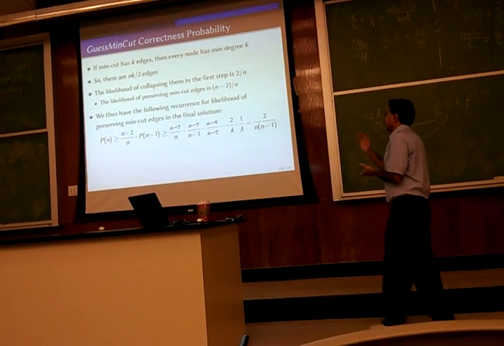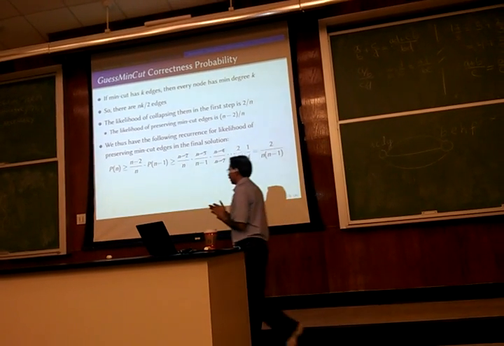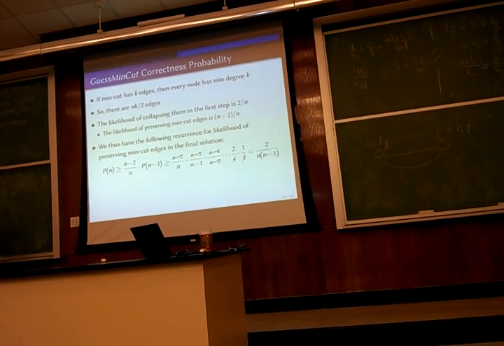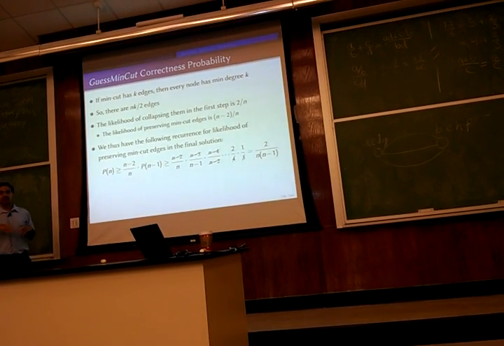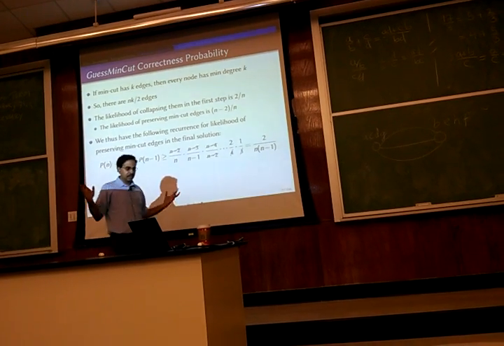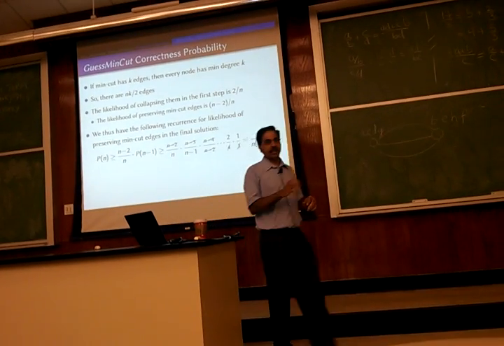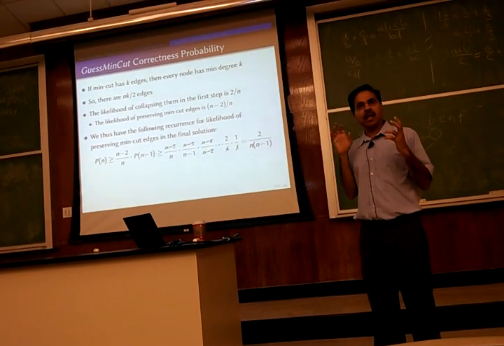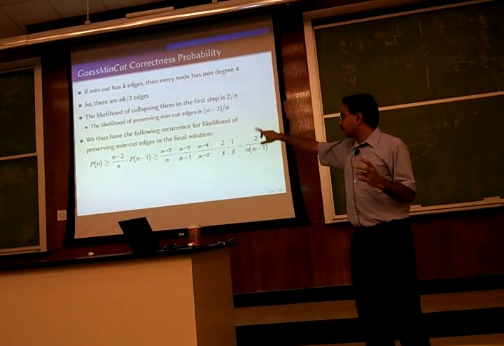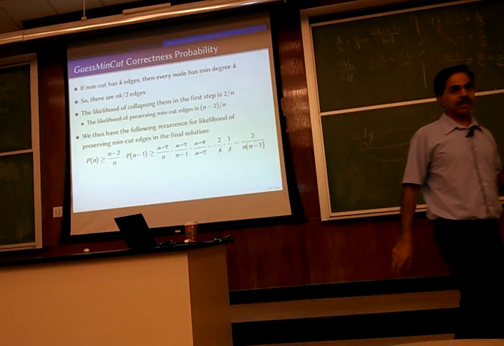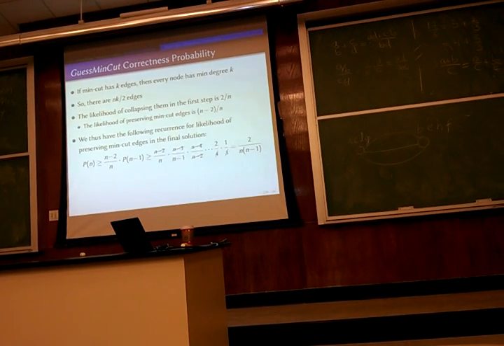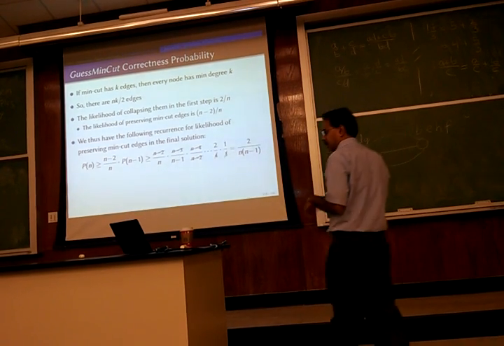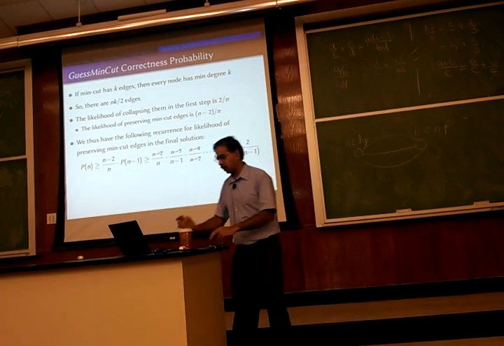The high level point here is that the cut set has a small number of edges, and the graph itself should have a certain amount of connectivity, or else the cut set will be even smaller. Based on that, we are able to say what's the likelihood that the edges that belong to a min cut set were not collapsed? And that is this analysis, which gives us a very small number.